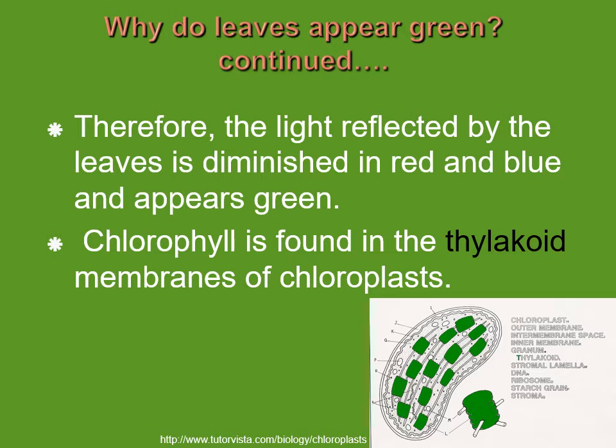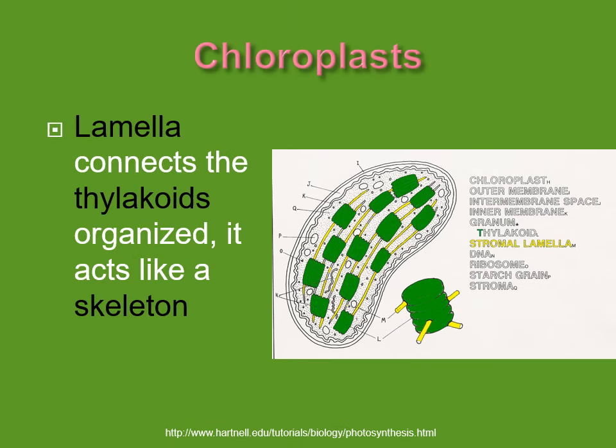Where in the chloroplast are we going to find the chlorophyll? Well, it's located in that structure within the chloroplast called the thylakoids, which I have colored green here on this diagram. So thylakoids contain chlorophyll, therefore they're the green part of the chloroplast that you can actually see under the light.